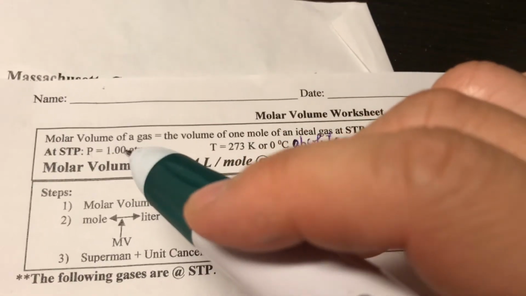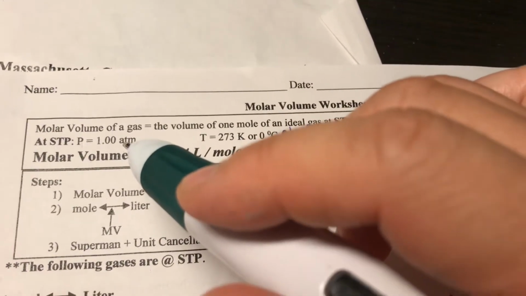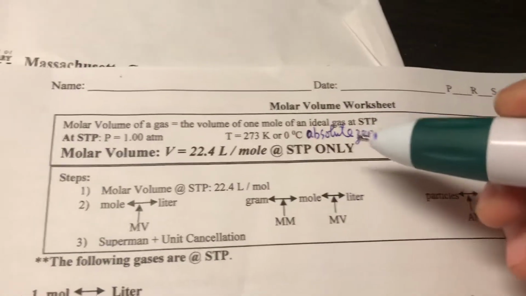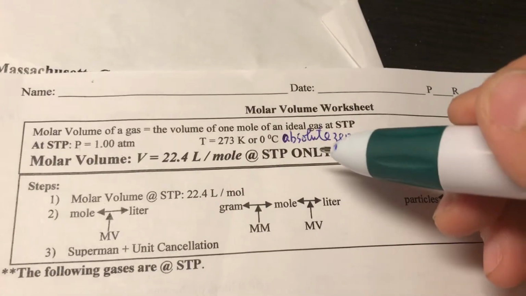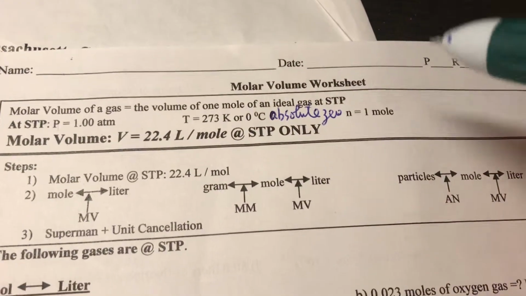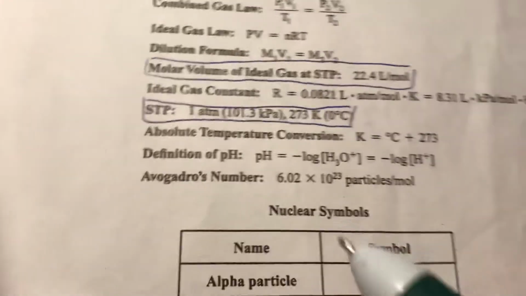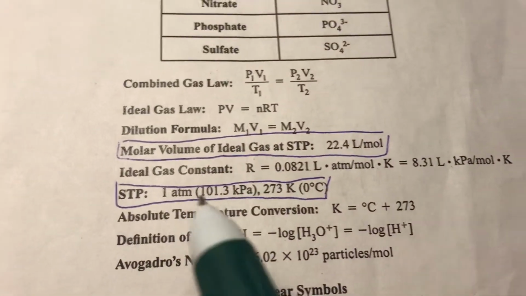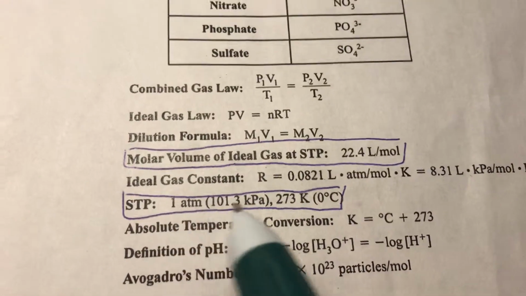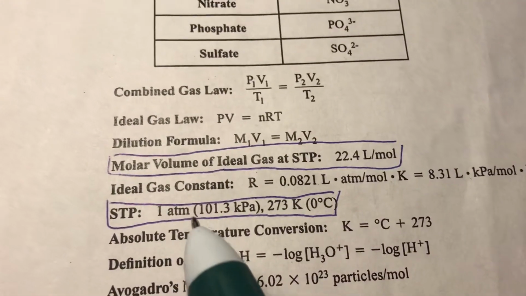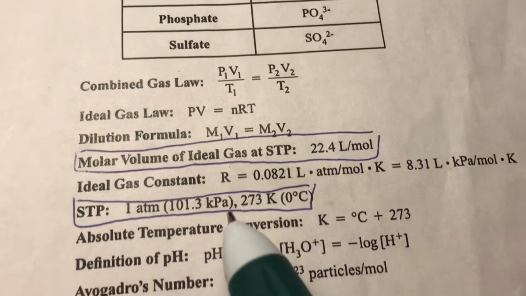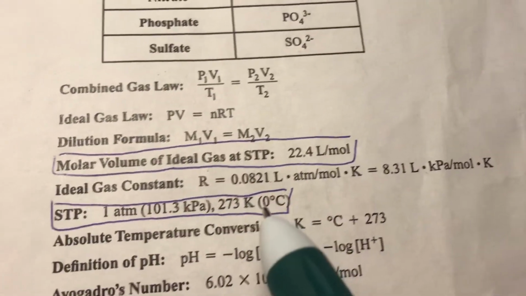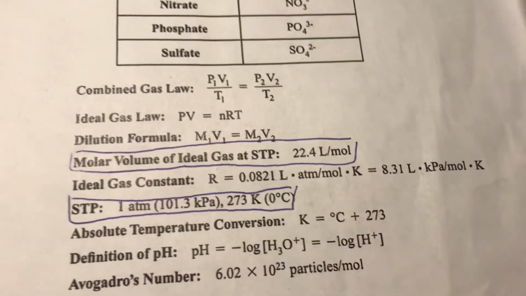Again, you can find this STP information on the periodic table: 1 atm or 101.3 kilopascal, and 273 K or 0 degrees Celsius.